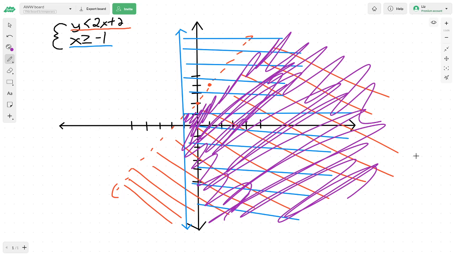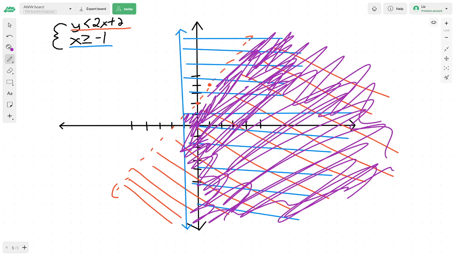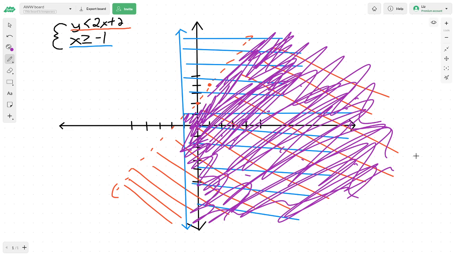It's where the two lines and shaded areas overlap. So everything here is my solution. So any point in here, any ordered pair in here, would be a solution of this system of inequalities.